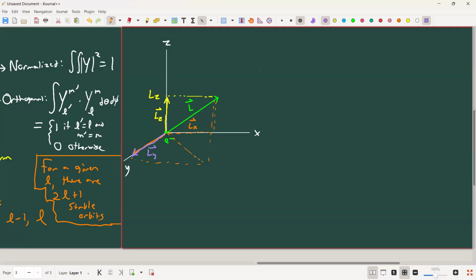So we can always write L as a vector: LX, LY, LZ.